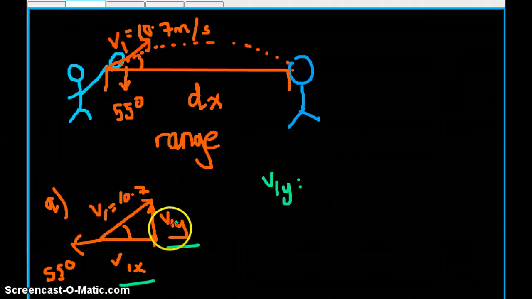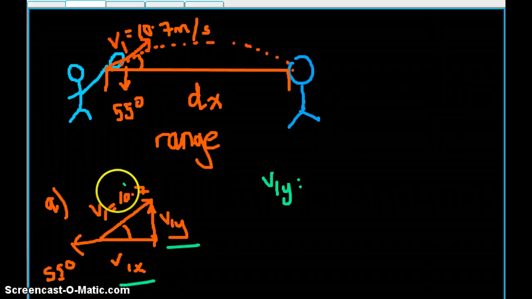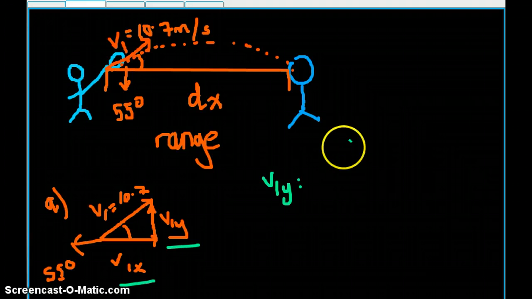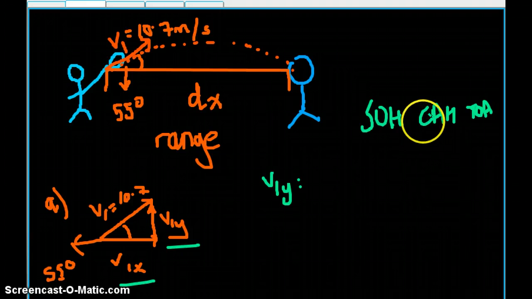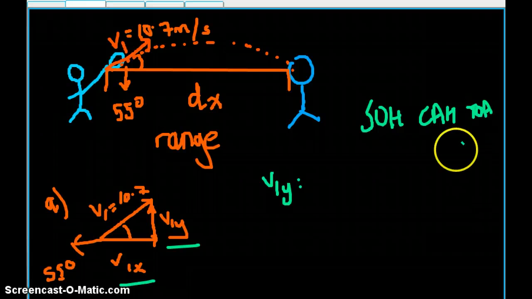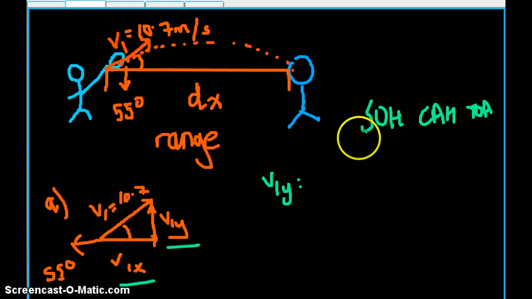So you have your opposite, you have an angle, and you have your hypotenuse. This relationship would essentially be your sine relationship, because remember SOHCAHTOA. Now I don't know if everyone memorizes like this. I don't, but it's a good rule. So sine equals opposite over hypotenuse, cosine equals adjacent over hypotenuse, and tan equals opposite over adjacent. In this case, we are dealing with the opposite and the hypotenuse, so we're going to use a sine relationship.